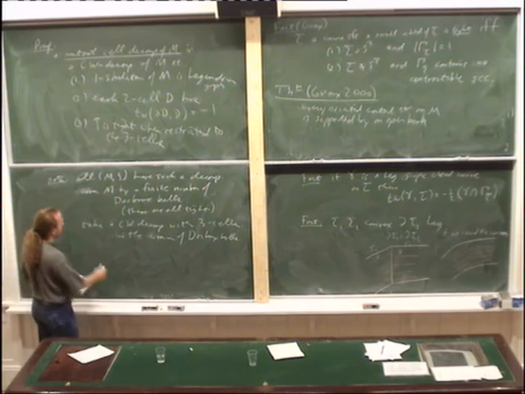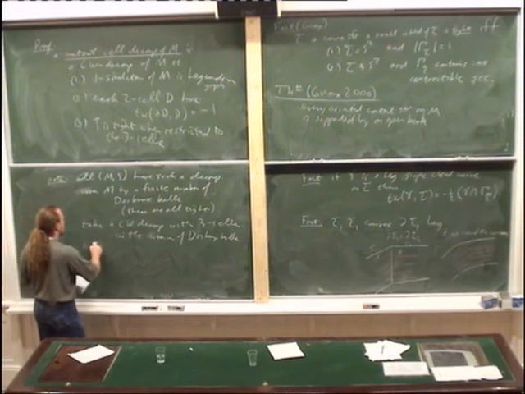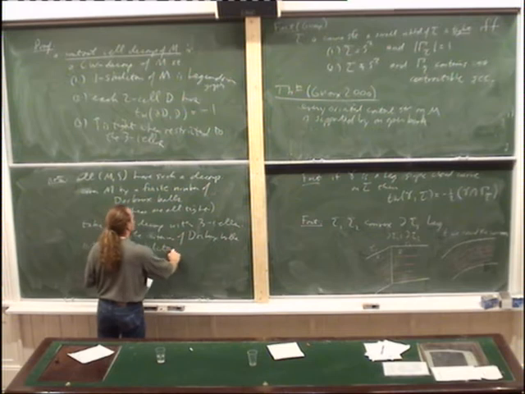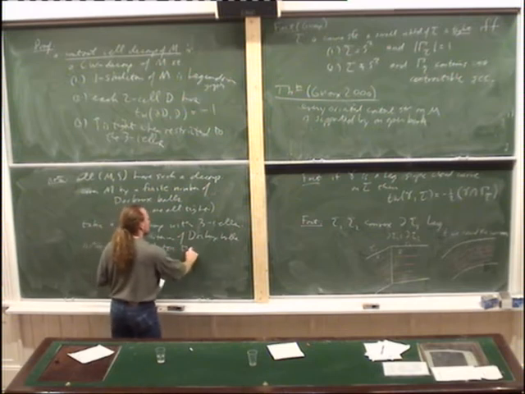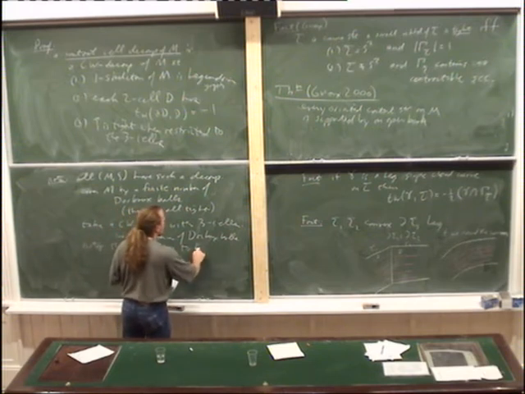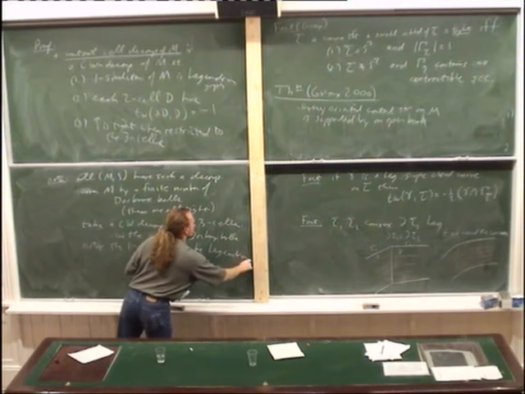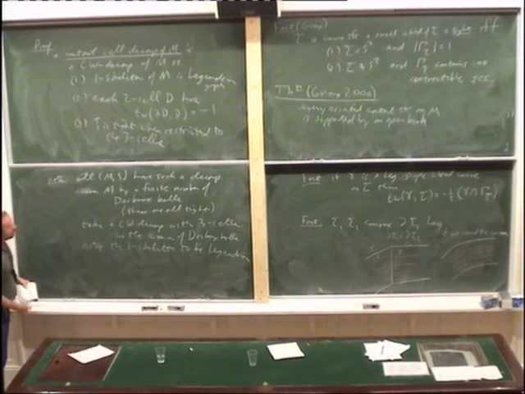Isotope the 1-skeleton to be Legendrian. Okay. So far we've constructed a CW decomposition that satisfies 1 and 3. So the only thing you have to worry about is 2.